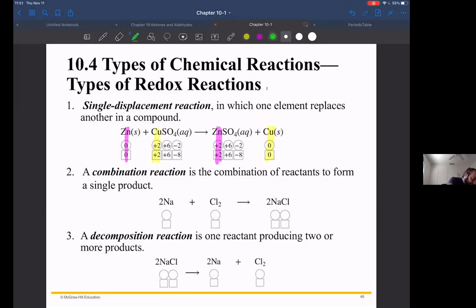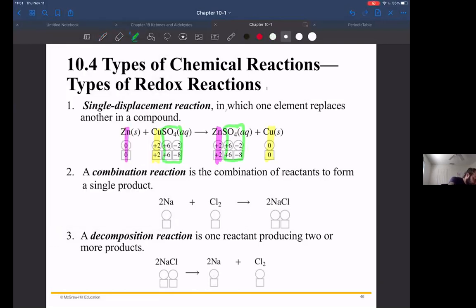Notice that the sulfate didn't change at all. It was just sulfate on both sides. It's cool. It's not that everything has to change. If any element changes its oxidation number, it is a redox reaction. So these are called single displacement reactions because you can see that my zinc displaced my copper from the ionic compound, right? I effectively swapped my metal and my cation.